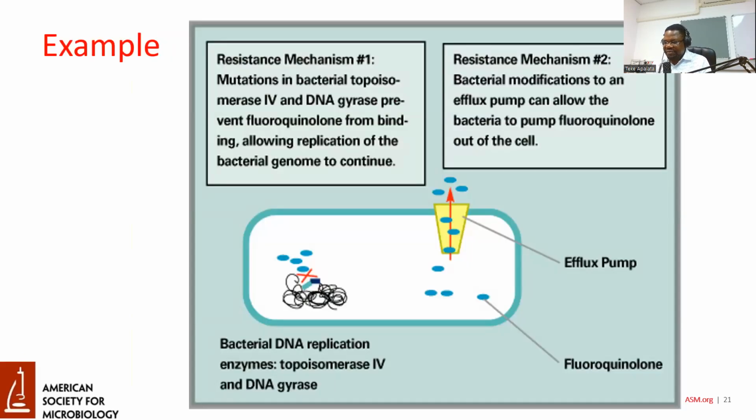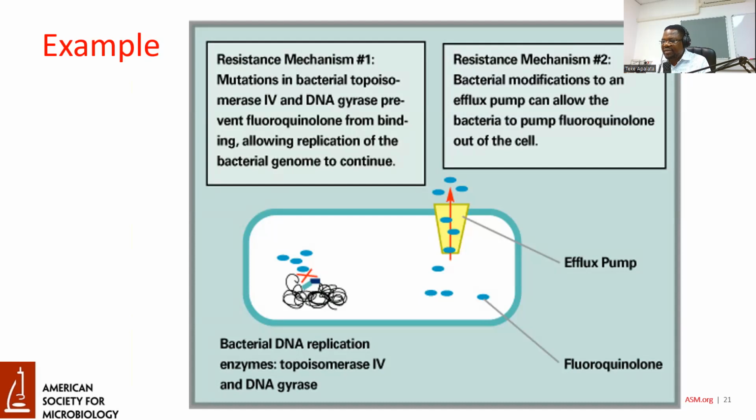So this is what we try to summarize here. We can show that there might be mutations in bacterial topoisomerase 4 and DNA gyrase that prevent fluoroquinolones from binding, allowing replication of the bacterial genome to continue. We know that fluoroquinolones bind to topoisomerase 4 and DNA gyrase.